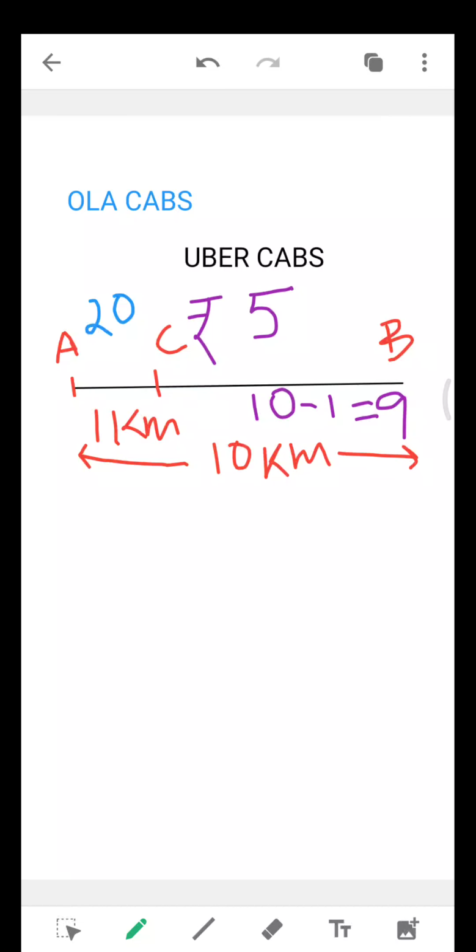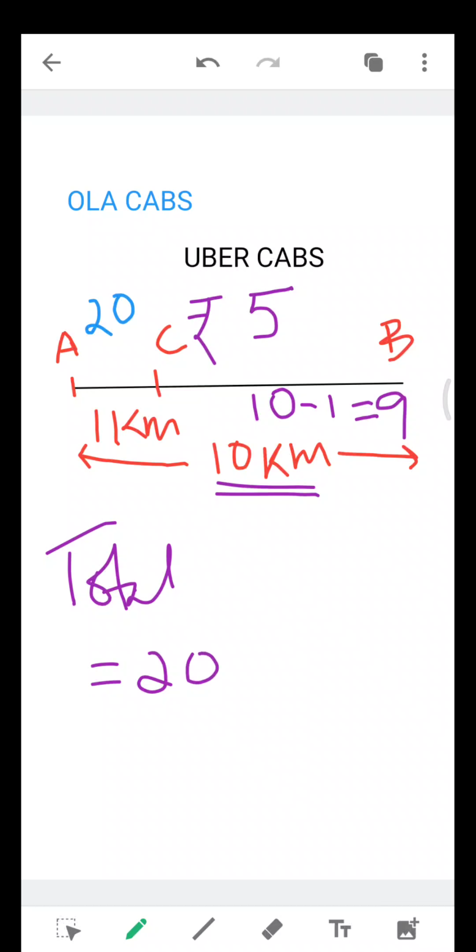This is called subsequent. So if a person is traveling 10 kilometers, how much fare does he have to pay according to this rate? First he has to pay 20 rupees for 1 kilometer, then he has to pay 5 rupees per kilometer.